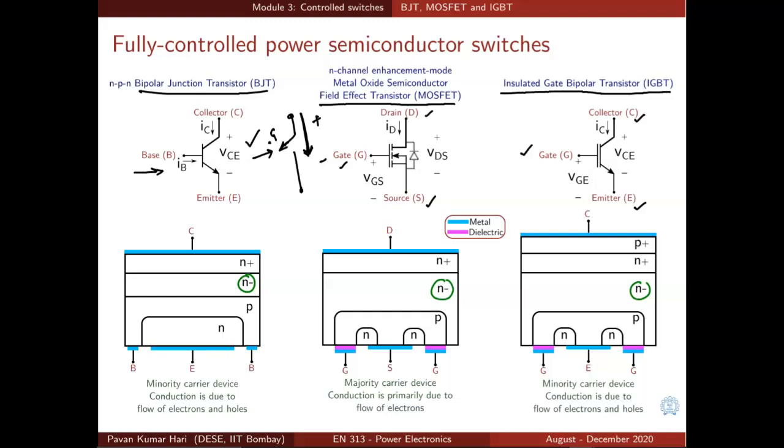Please recall that the voltage is always opposed. The external voltage applied in off state of a switch is always opposed by an electric field across a PN junction in most of the power semiconductor devices.